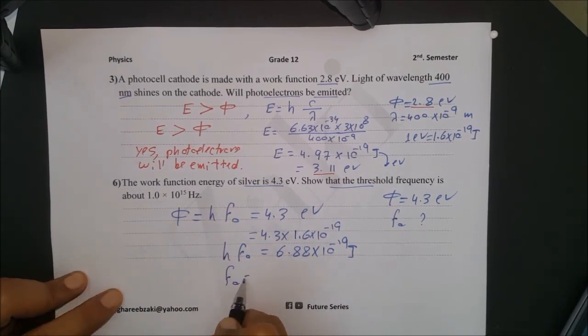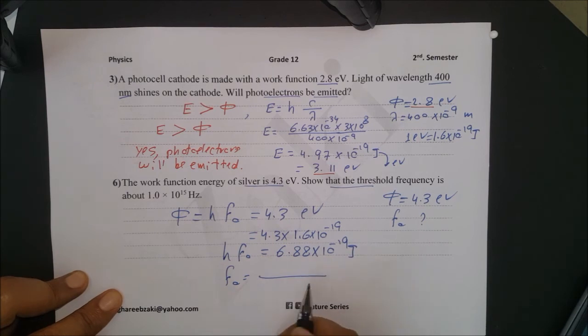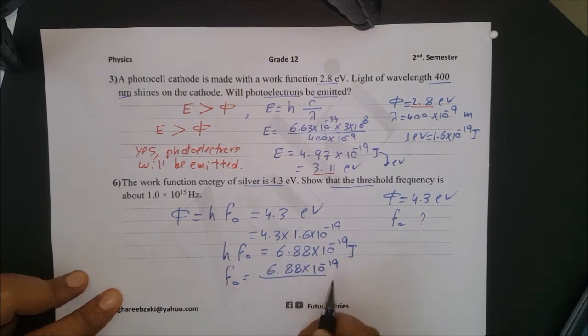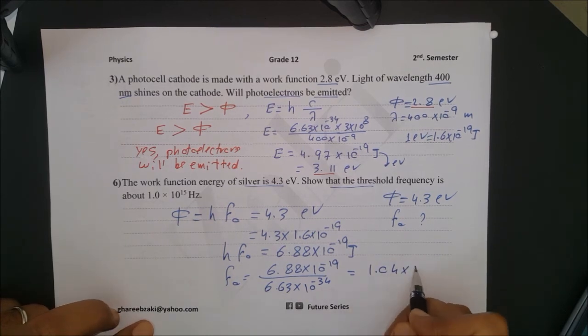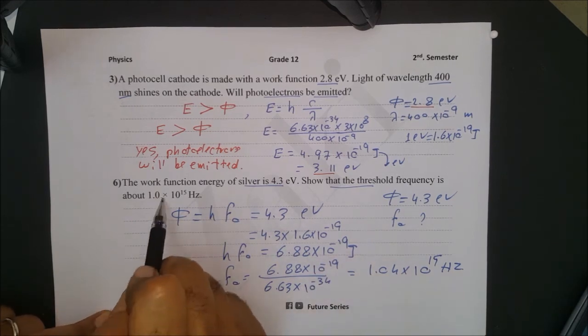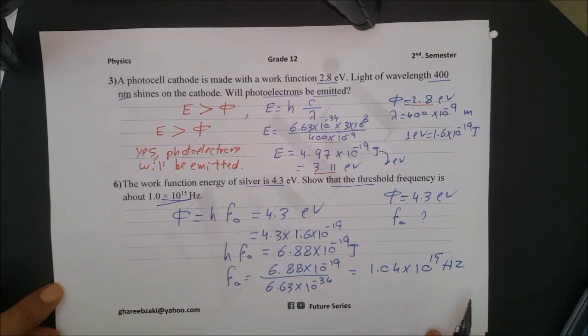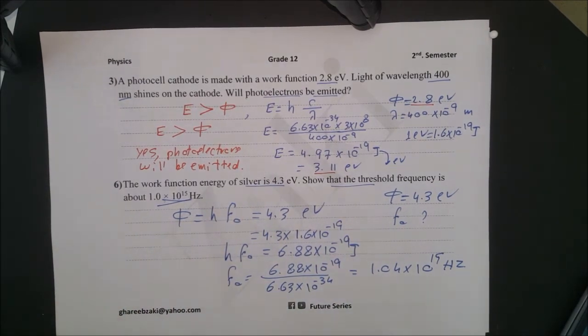So it's easy to get f naught: divide by h, Planck's constant. 6.88 times 10 power negative 19 divided by 6.63 times 10 power negative 34. The answer is 1.04 times 10 power 15 hertz. So it's approximately 1.0 times 10 to the power 15.